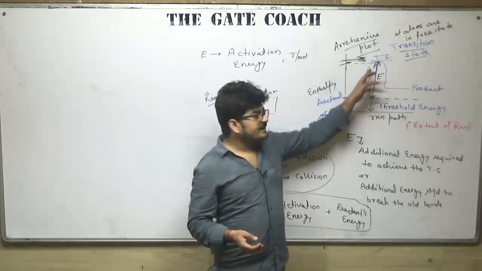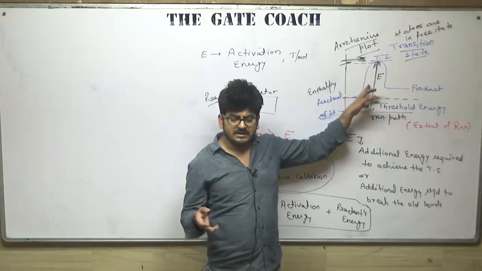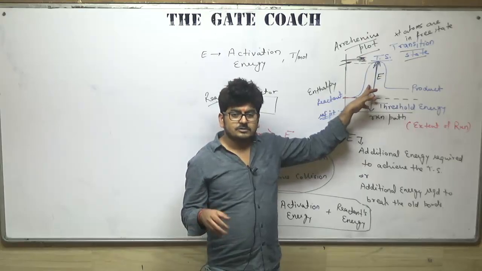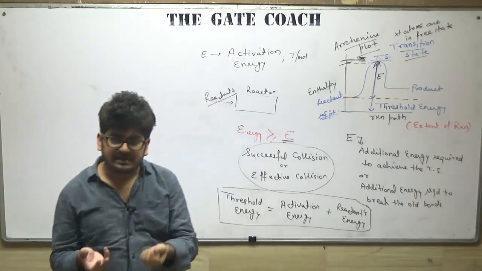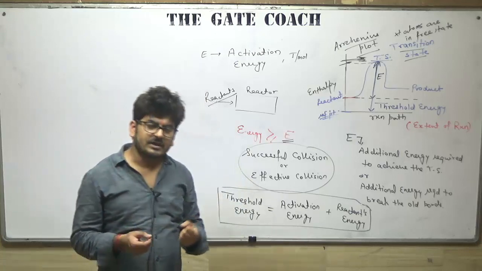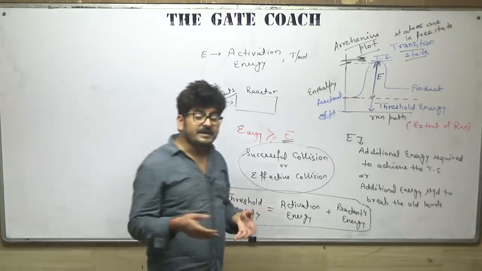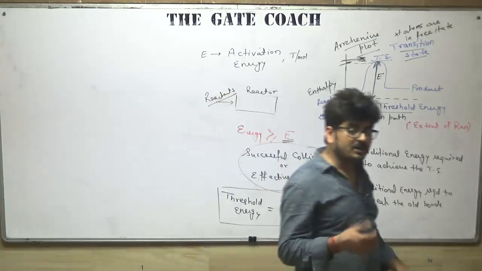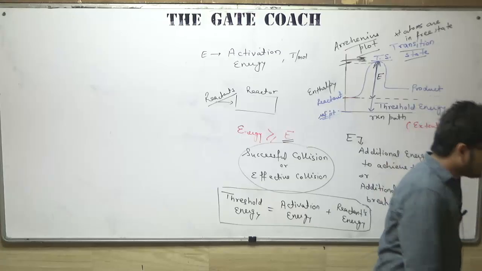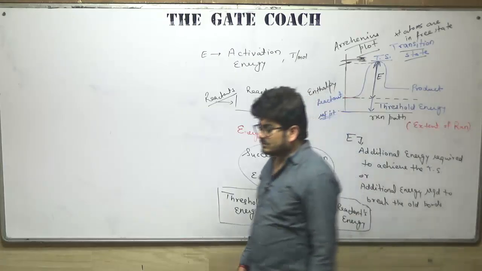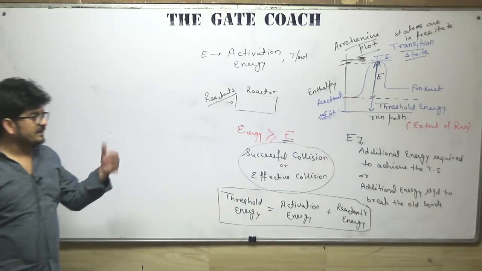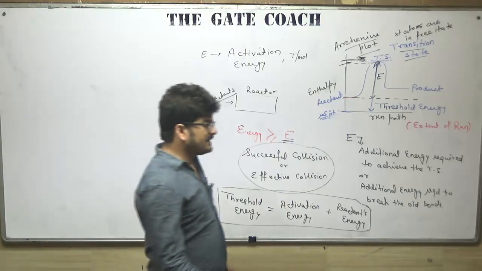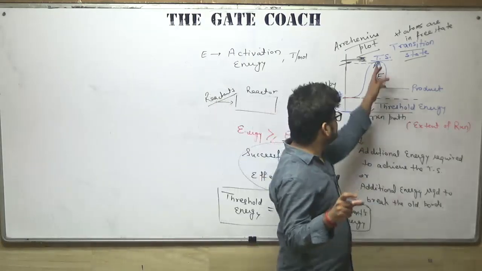Suppose the required activation energy is 100 joule. It may happen that after the collision, molecules gain only 70 or 60 joule, or even 110 or 120 joule. So it depends. That's why the energy level can be anything. But the minimum energy required is this.